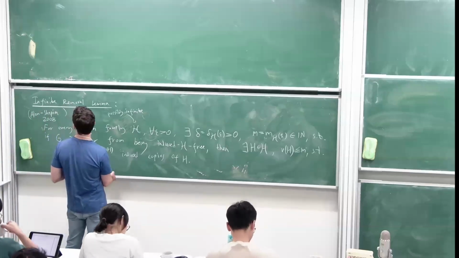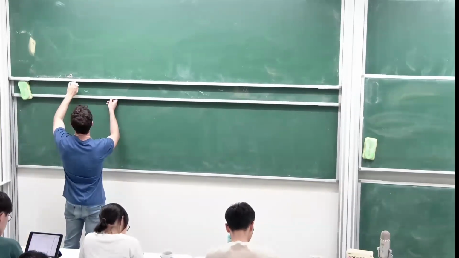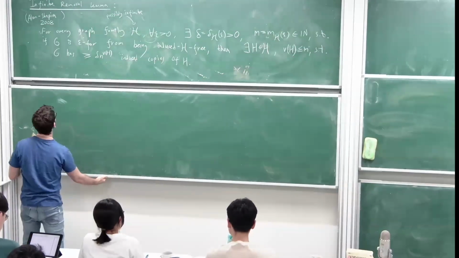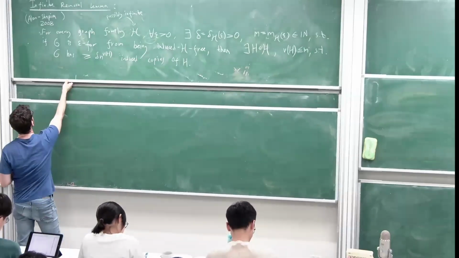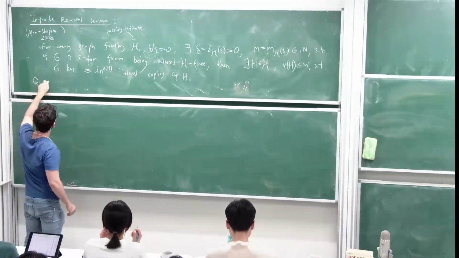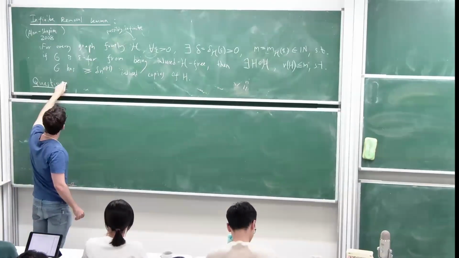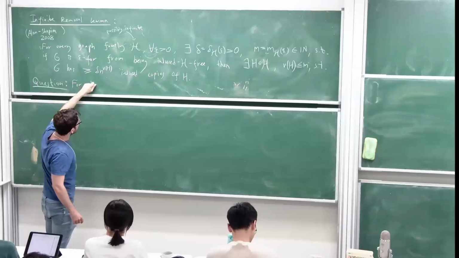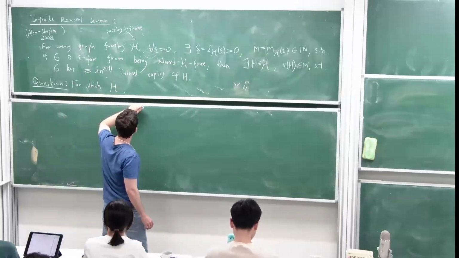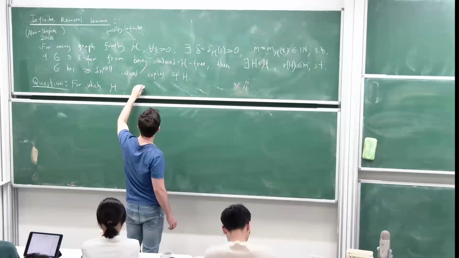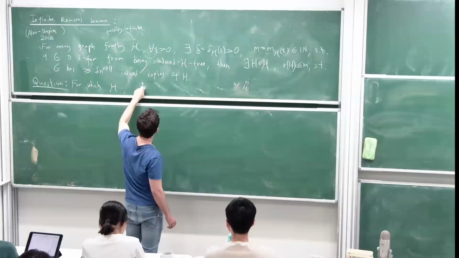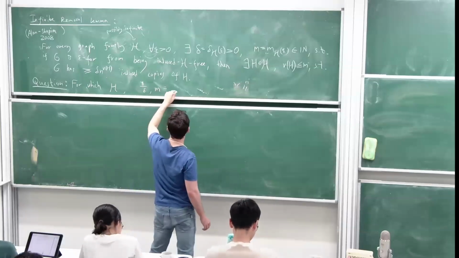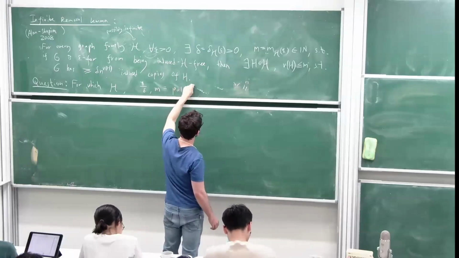Then one of the questions here is for which H do we have that 1 over delta and n are polynomial in 1 over epsilon?